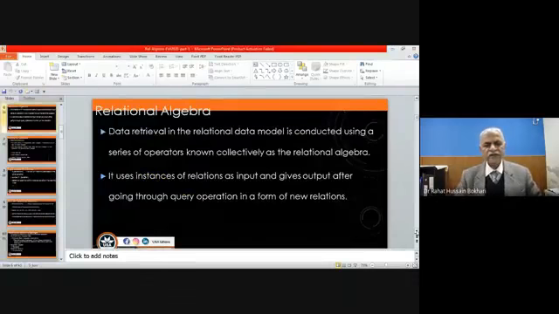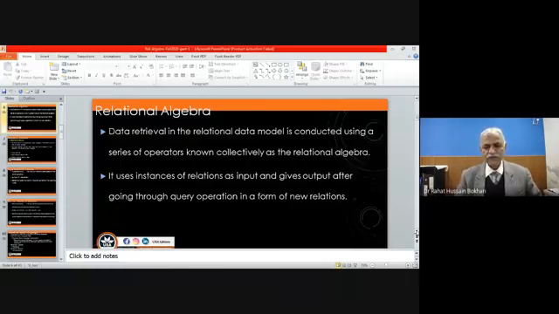So relational algebra helps you with data retrieval, and the operators that we use are different: some are basic operators and some are derived operators. It uses instances of relations as input and gives output.